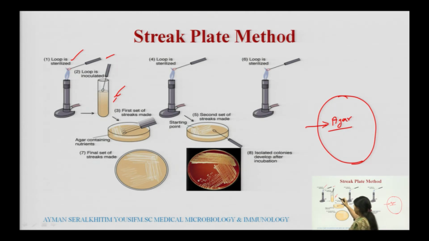We will put the inoculating loop in that culture, and once we have taken the culture, a drop will come onto the inoculating loop, and that loop will then be put on the plate, and on the plate we will try to make streaks. The plate contains solid media, and we will take the loop and streak it out.